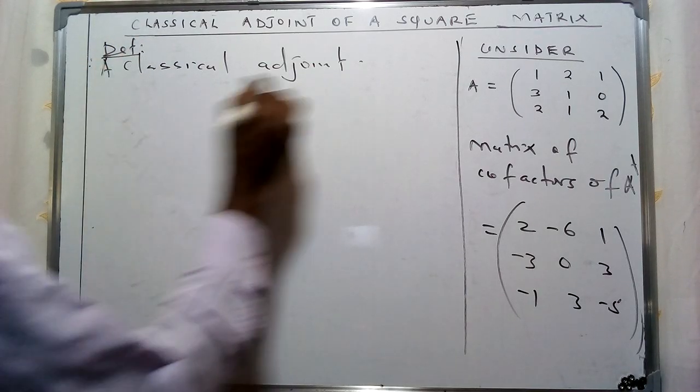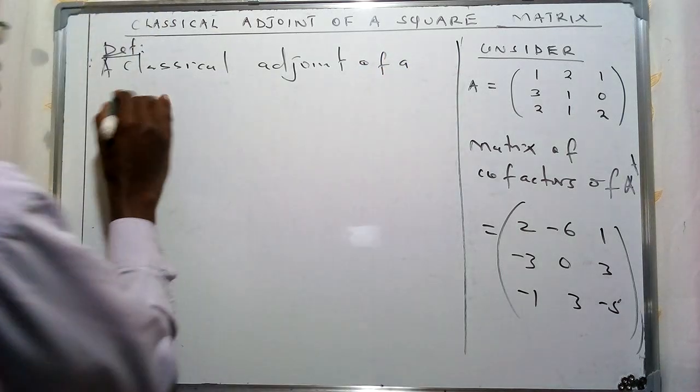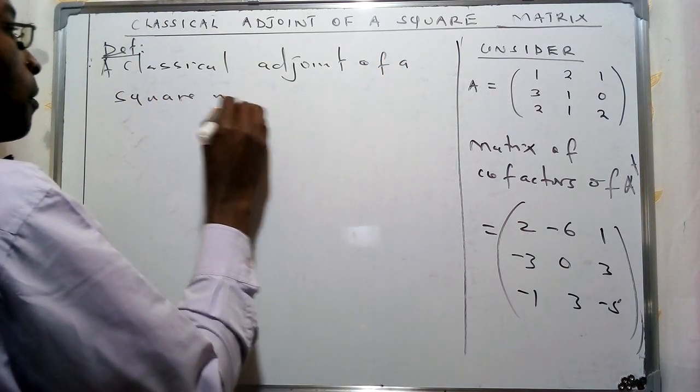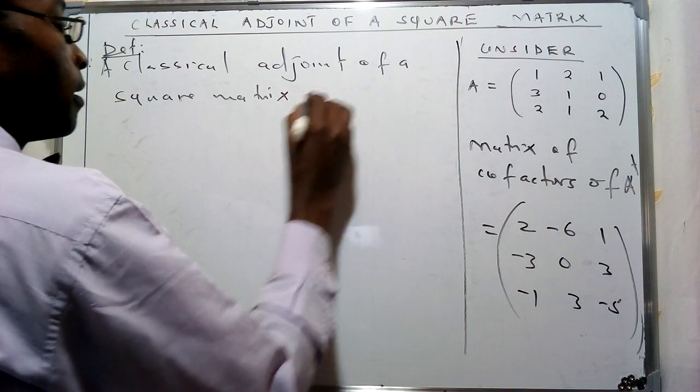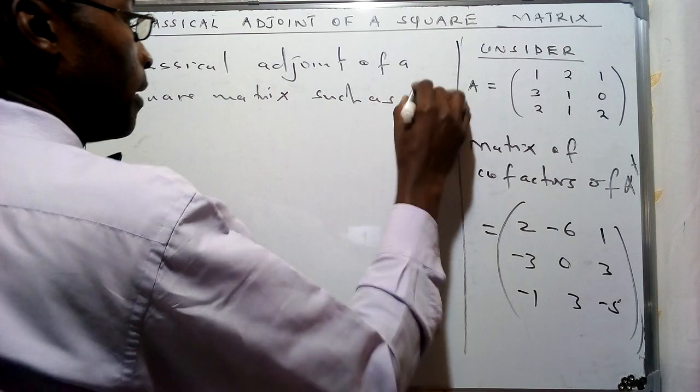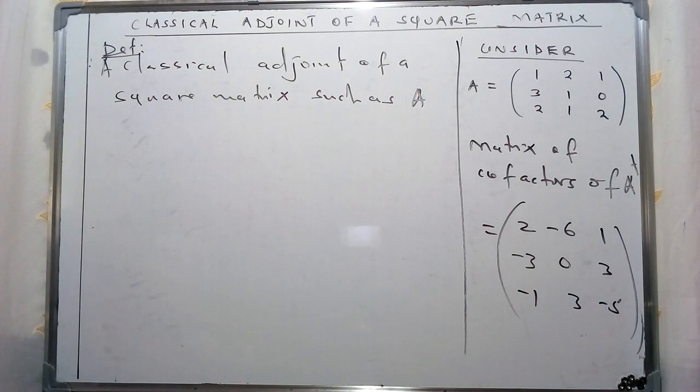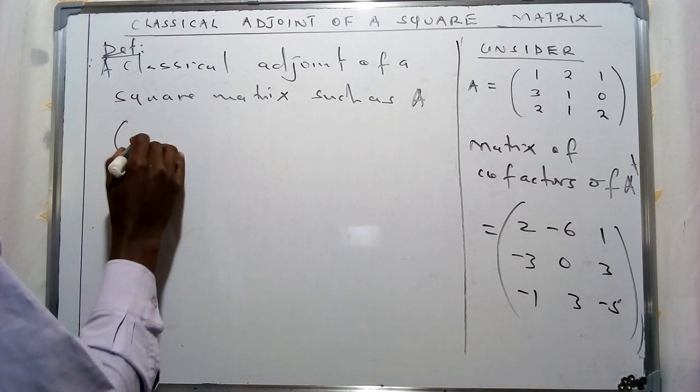So a classical adjoint of a square matrix such as A is denoted using this specific notation.